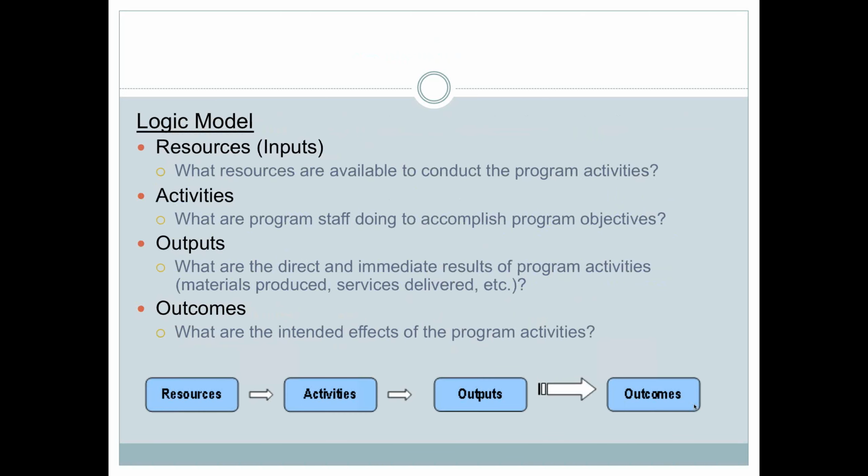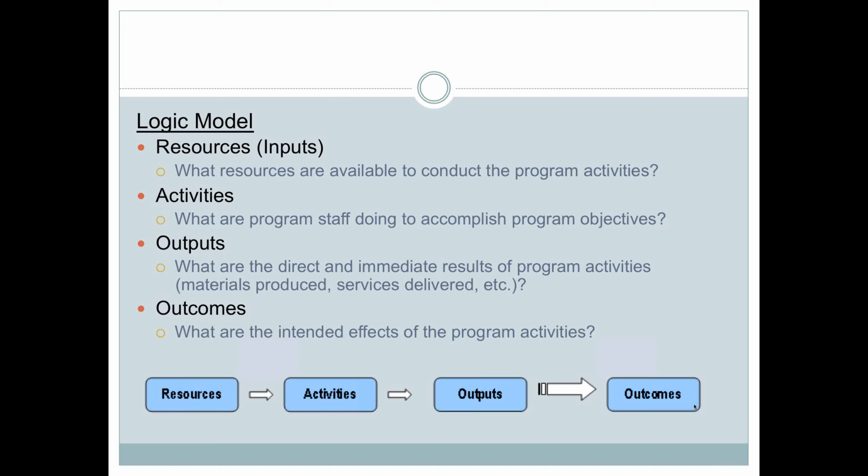So this is just some more details about developing a logic model as part of this second stage. What you want to do is identify all of the resources that are available to conduct the program activities. Those are your inputs. Under activities, in that box, you're completing everything that program staff are doing to accomplish your program objectives.